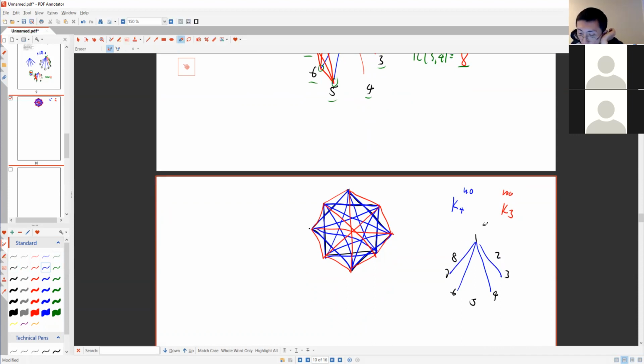Then how do I color the things connecting these 4? It looks like I can do this, this, this, and then this, this, this, and this, you have blue triangles, but no blue K4. Okay. So yeah, 8 people is not enough, but 9 people guarantees it, supposedly. So why does 9 people guarantee it?